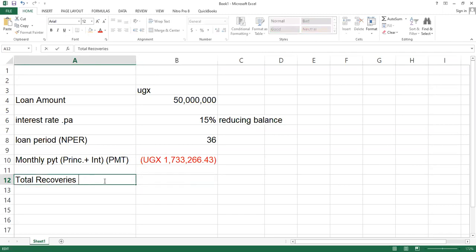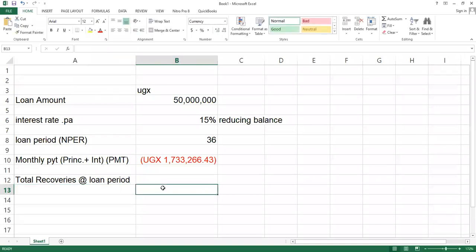So the total recoveries at the end of the loan period, and of course this total recoveries includes both the principal, the 50 million that you were given, and also the interest.